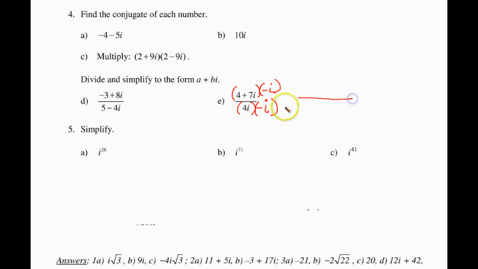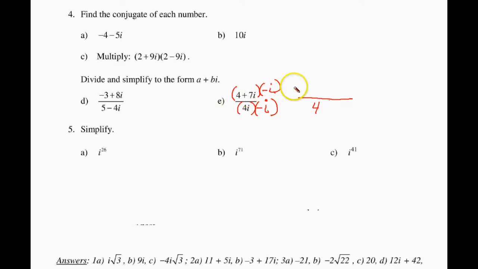So what does my denominator become here? Well, it's going to be a negative 4i squared. And what did we say i squared was? A negative 1. So a negative 1 times a negative 4 gives you a positive 4. So that's what I'm going to do. Make this a positive 4.